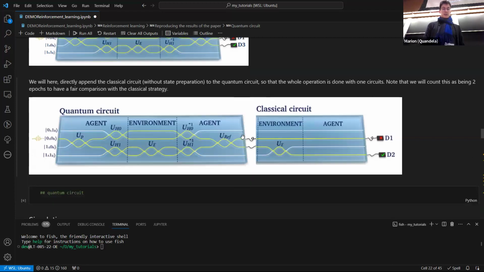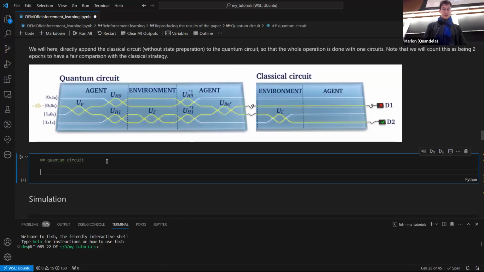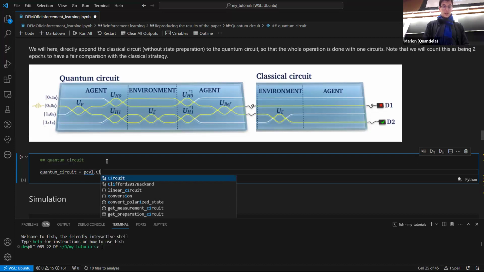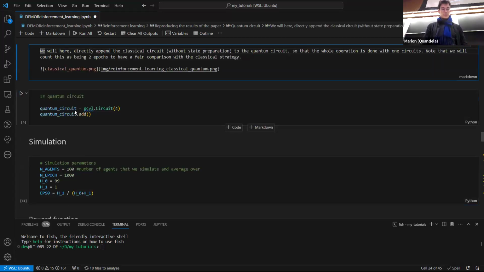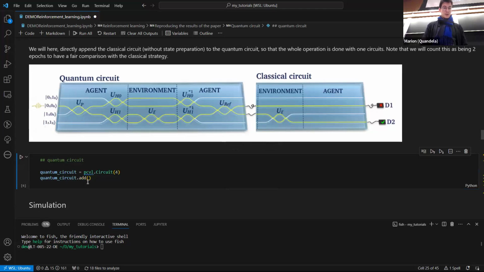All right. Okay, so let's build this circuit now. So quantum circuits. It's going to be a Perceval circuit, 4 modes. On this, we are going to add the state preparation, which I call prep.